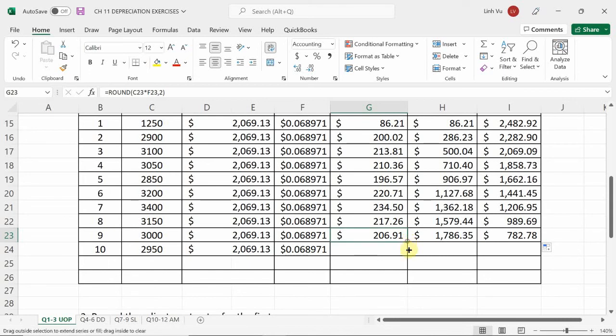Okay, $203.46. That will give me an accumulated depreciation of $1,989.81.